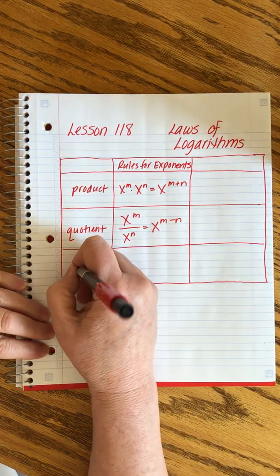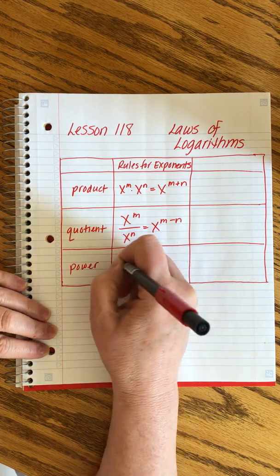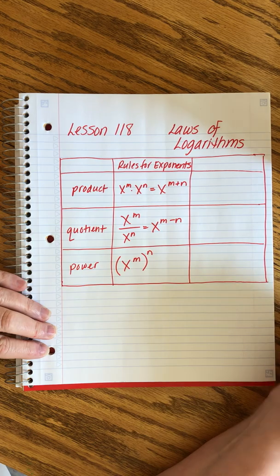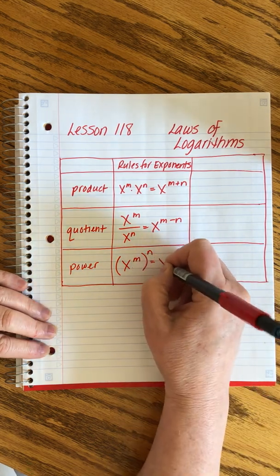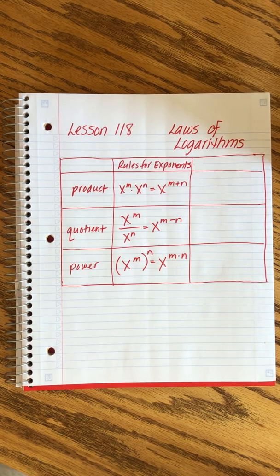And the last one is called the power rule. And that one says if you're raising a base with 1 power to a higher power, you can multiply. All right, we've seen these, we've used these. I've tested you on them.